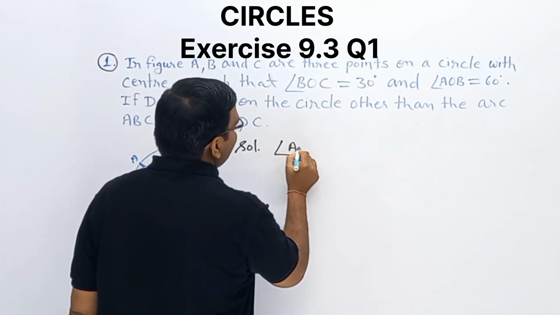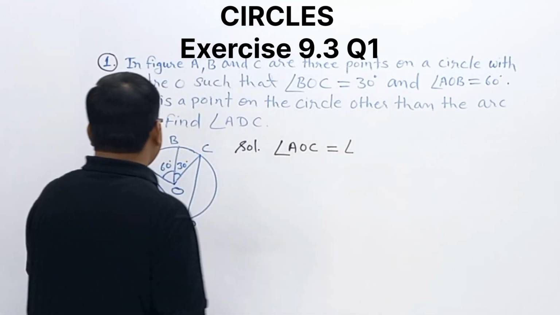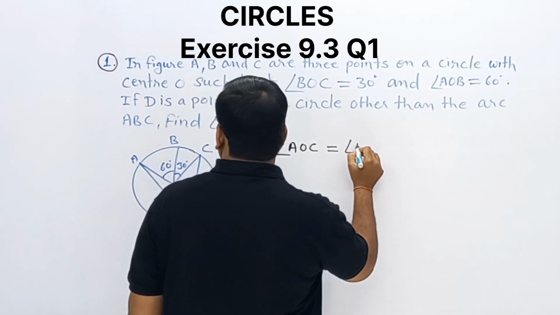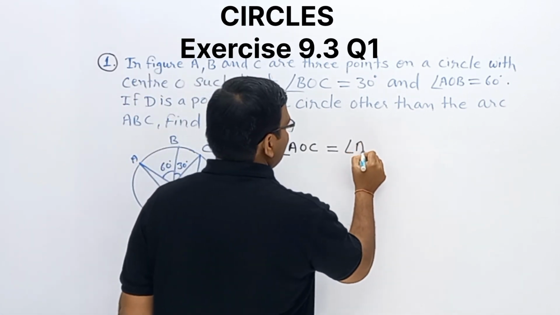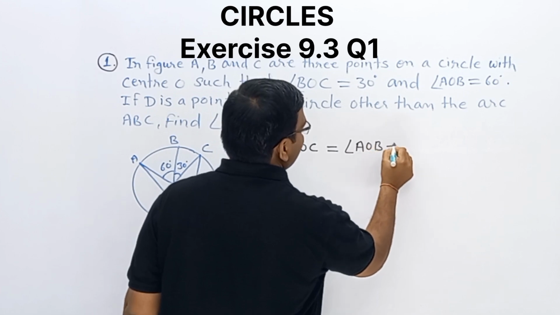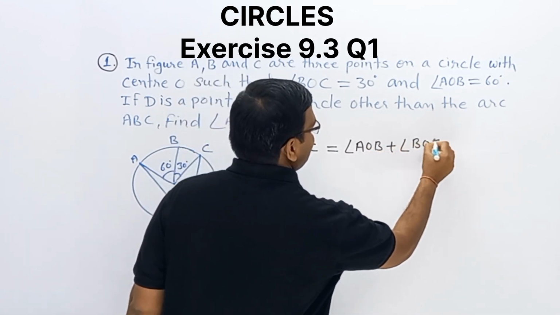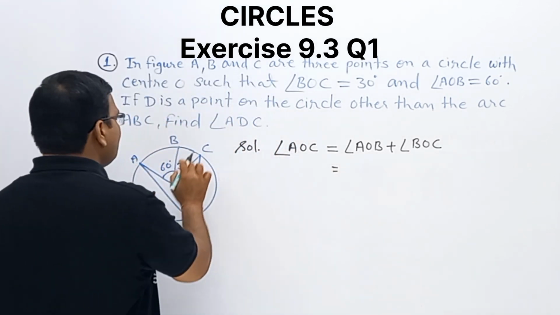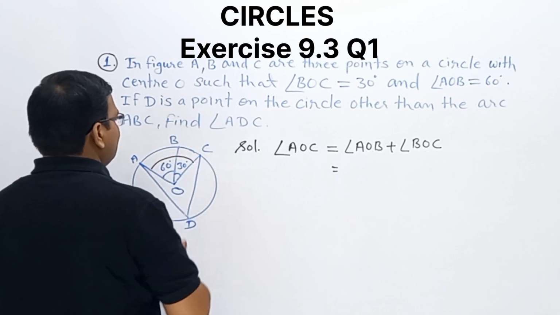Angle AOC is the sum of angle BOC plus angle AOB. So angle AOC is the complete angle, this angle. Clear?